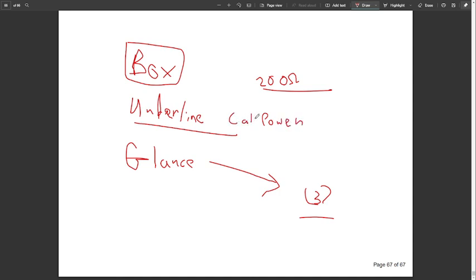So calculate power for instance, and box a command word, so a command word could be what or describe or how or explain.